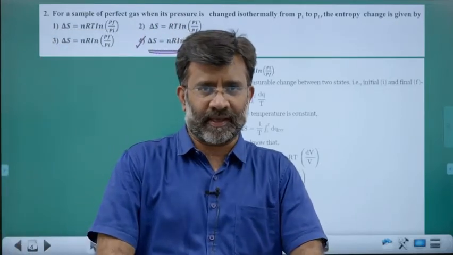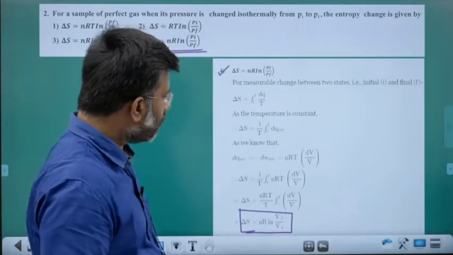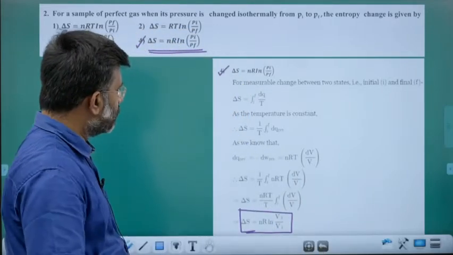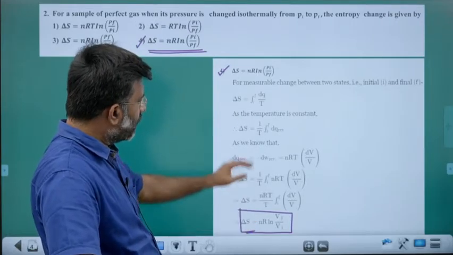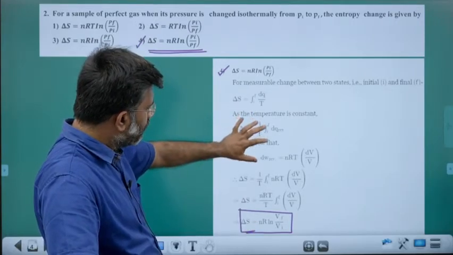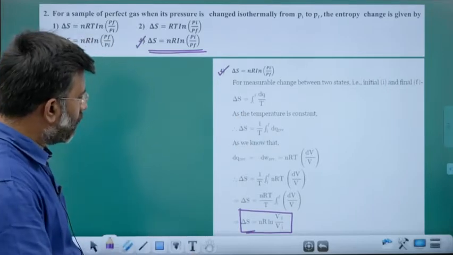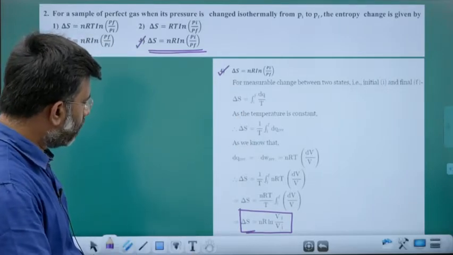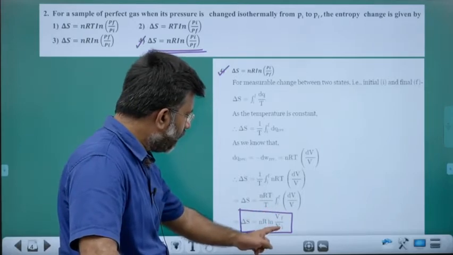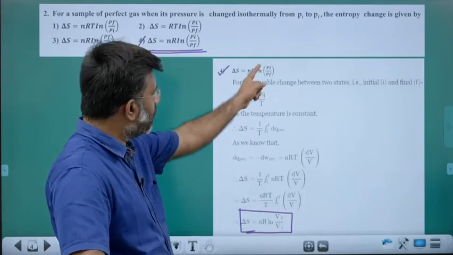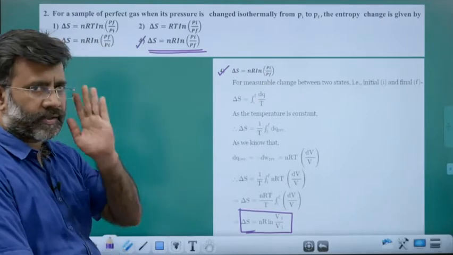I think it is clear, right? This much derivation, the steps in between, may be helpful in other types of formula questions also. So here it is V final by V initial, and in pressure it will be P initial by P final. That's all.